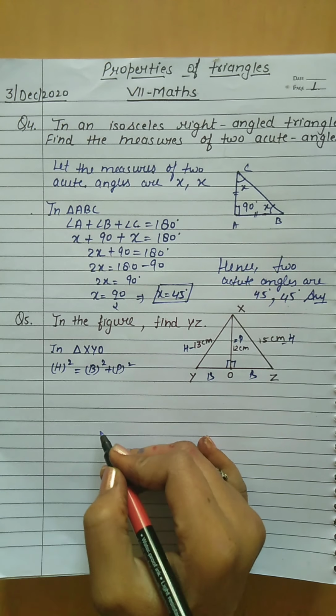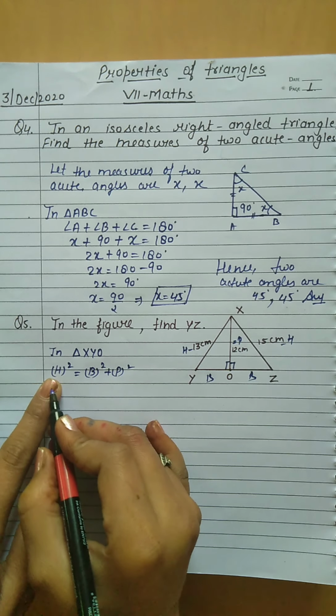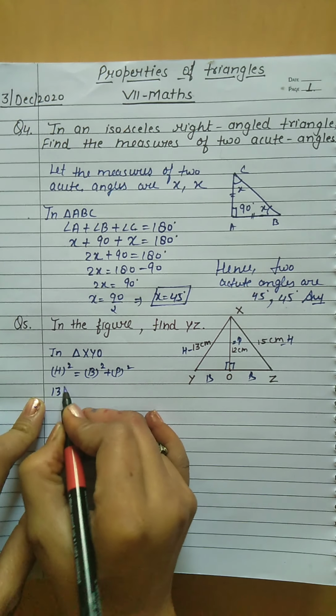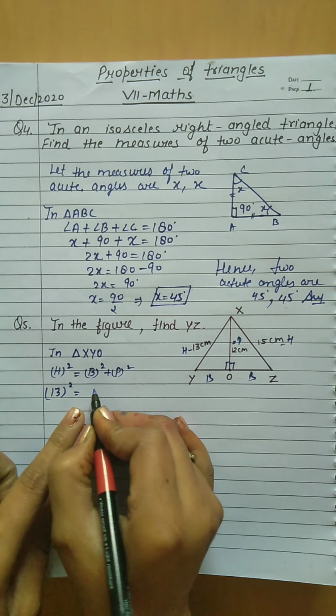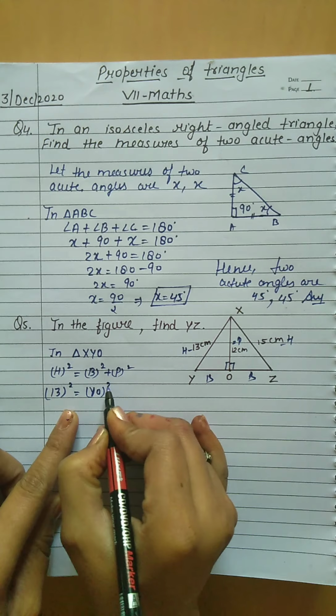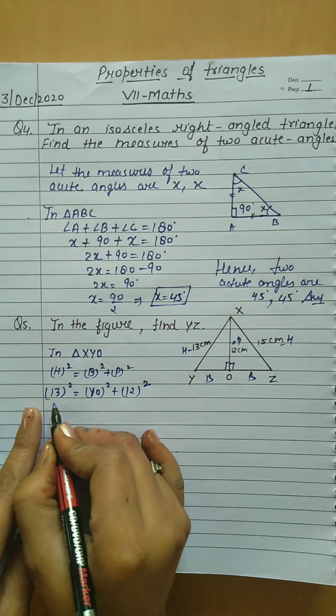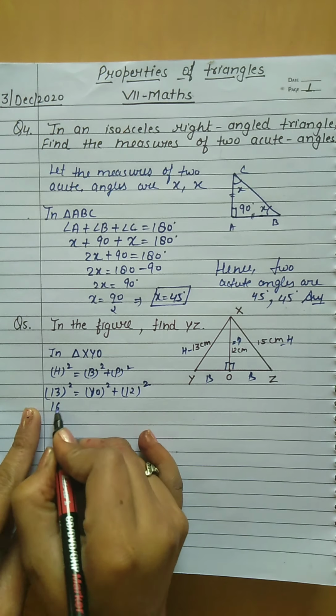Okay, so here students, according to Pythagoras theorem, hypotenuse square is equal to, that is 13 square is equal to base square. We don't have the base, base is here YO. Okay students, perpendicular is here 12 square. So that is 13 square, that is 169, is equal to YO square plus 12 square, that is 144.